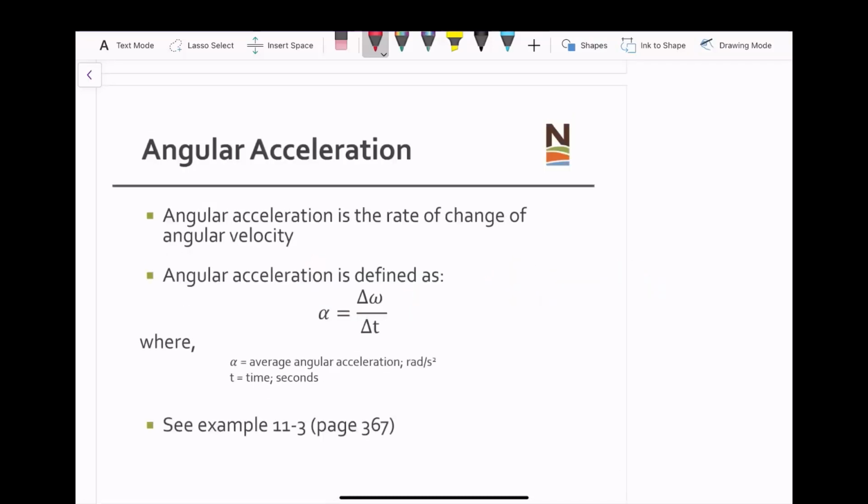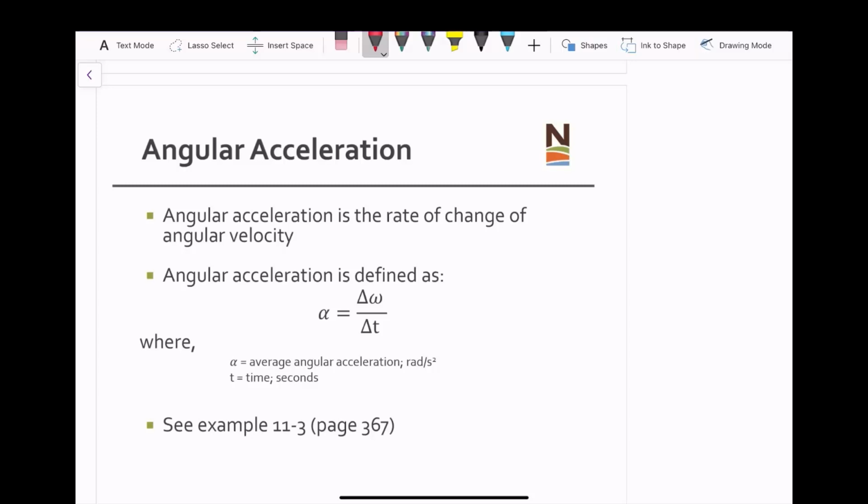Before we get to some practice problems on that, I'm just going to continue to angular acceleration. We're going to go through all of the remaining equations just because they align very well with rectilinear motion, which we've already looked at. And then we'll go through and do a bunch of practice problems going through each of these equations. So angular acceleration is the rate of change of angular velocity.